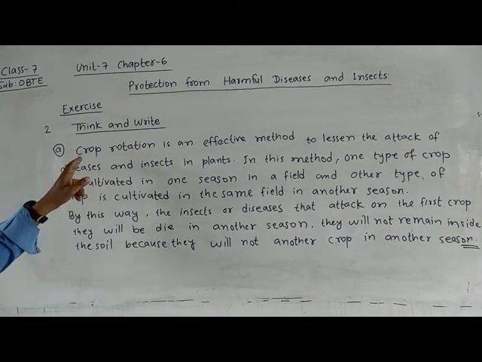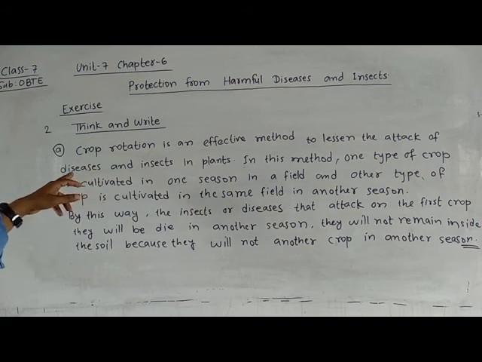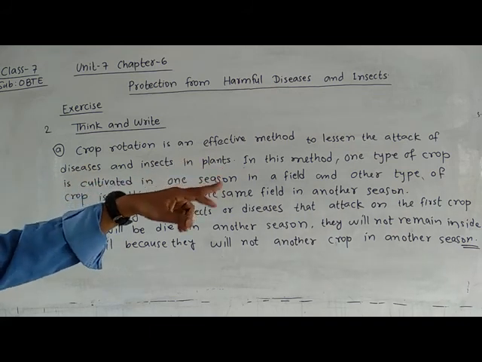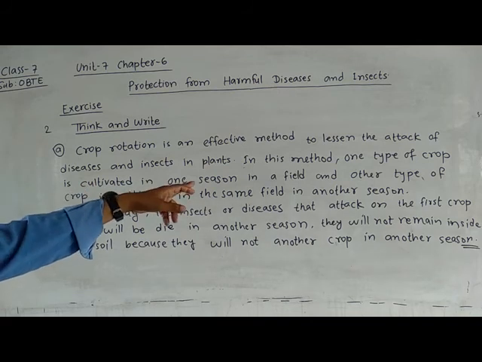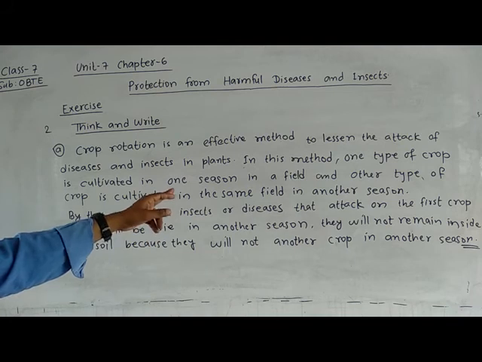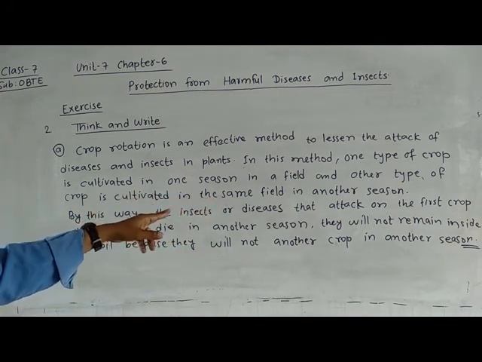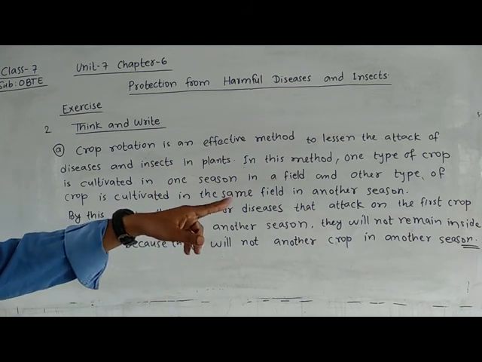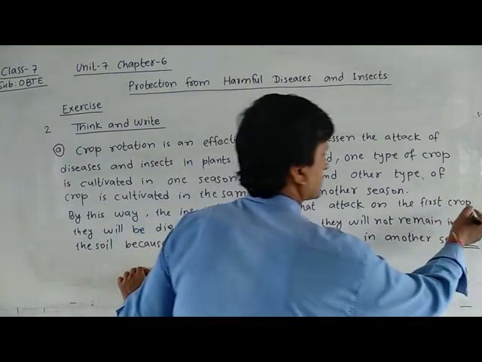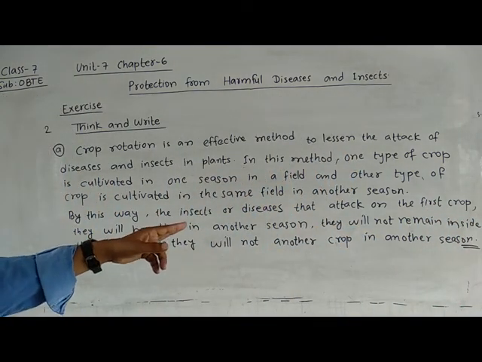Again I want to read this. Crop rotation is an effective method to lessen the attack of diseases and insects in plants. In this method, one type of crop is cultivated in one season in a field, and another type of crop is cultivated in the same field in another season. By this way, the insects or diseases that attack the first crop will die in another season.